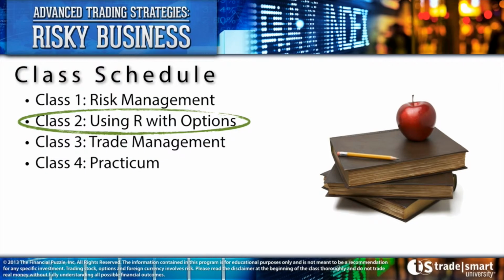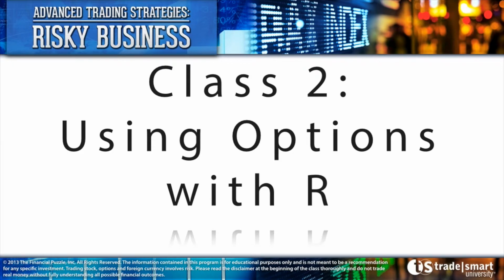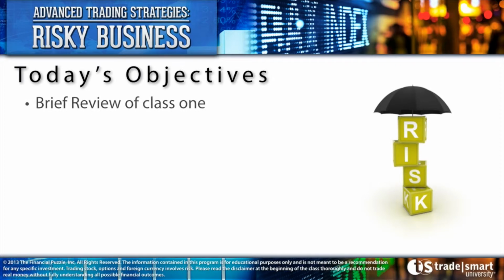Josh actually helped me with this chapter in coming up with a way to make your options directional trades consistent and specific, so that you're always risking the same amount for each trade. You guys are going to love that formula that I share with you soon. The next class, we're going to cover trade management, and then we're going to put it all together in Class 4.